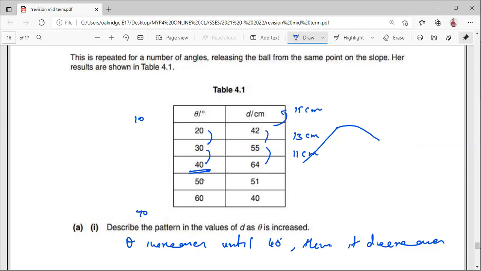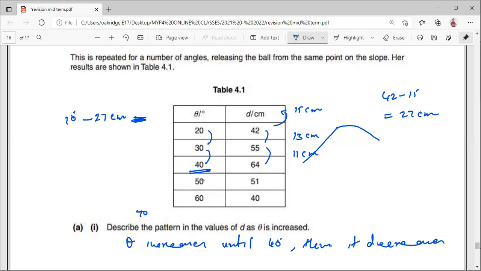Which means now what should you do? You should subtract 42 minus 15, which should be equal to how much? Which should be 27 centimeters. So for an angle of 10 degrees, the distance covered could be 27 centimeters.